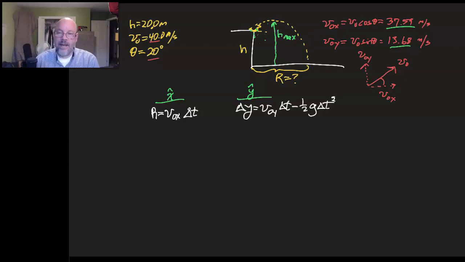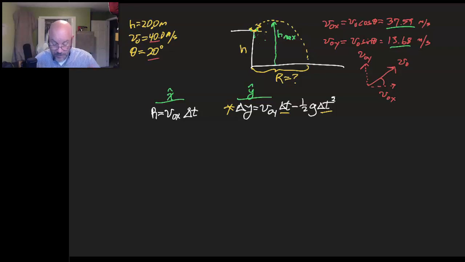Now the way that we're going to do this is by using our vertical information here and find the time that it takes to get up that high. The question is, though, we don't know what the time is to get up there.